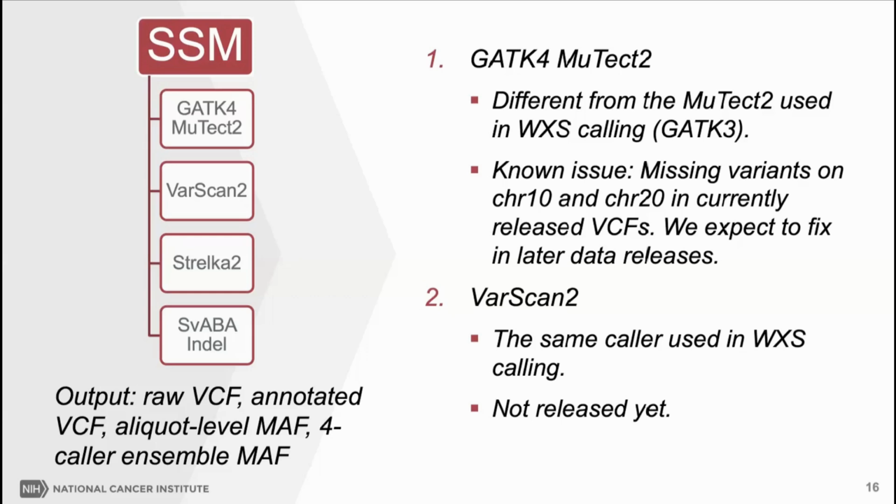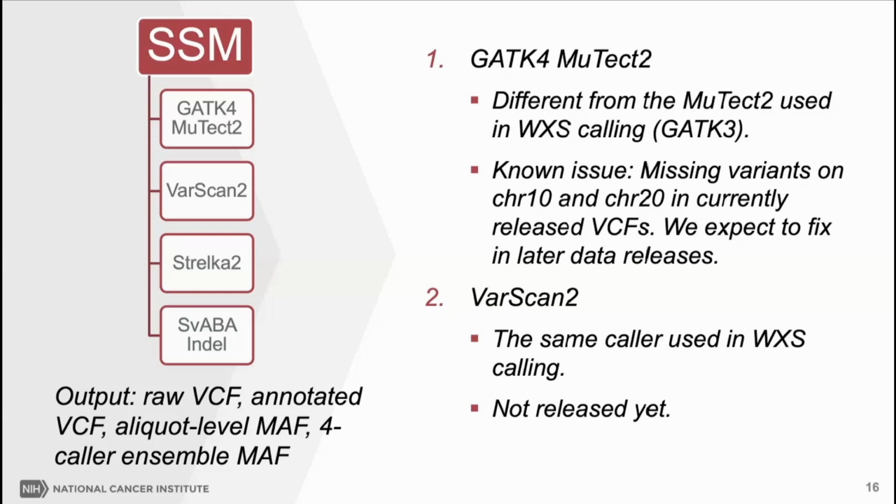We call that an aliquot-level MAF. On top of that, we also produce 4-caller ensemble MAFs, which come in two forms. One is unfiltered and the other is filtered and released as open access. And that's the one we expect most users will download and use.